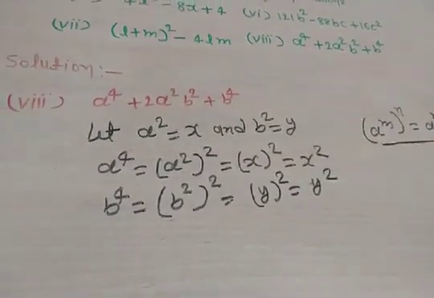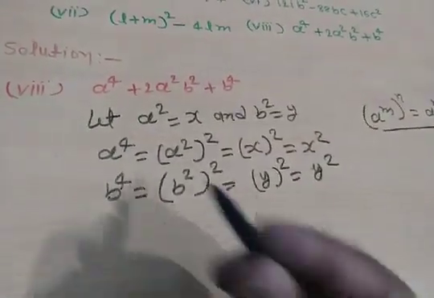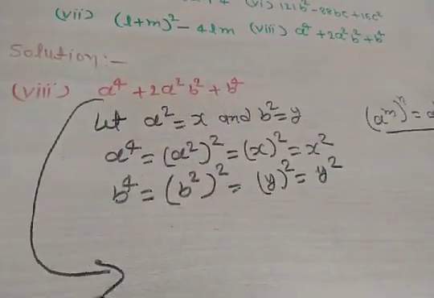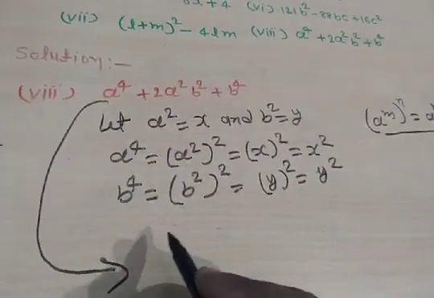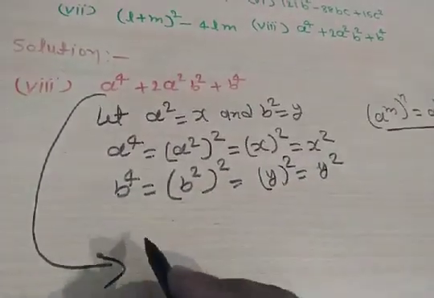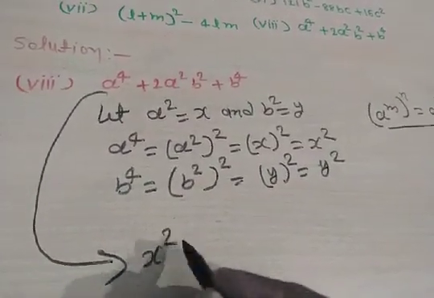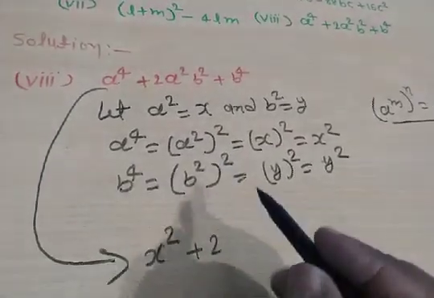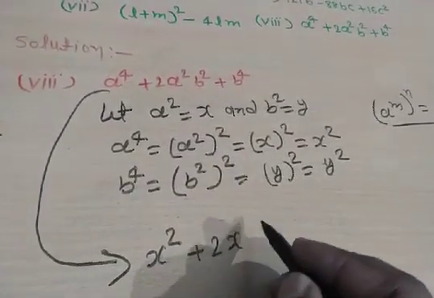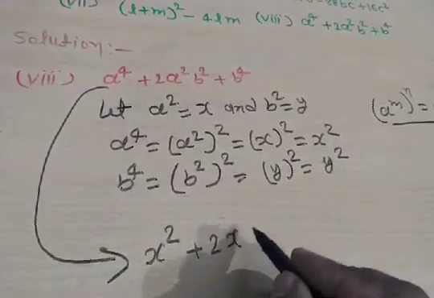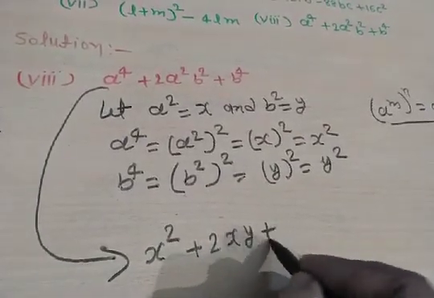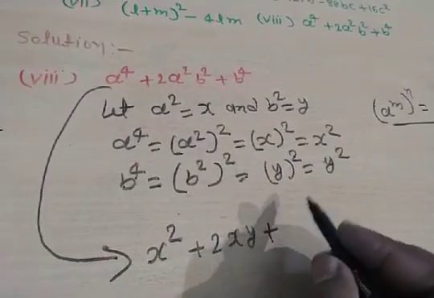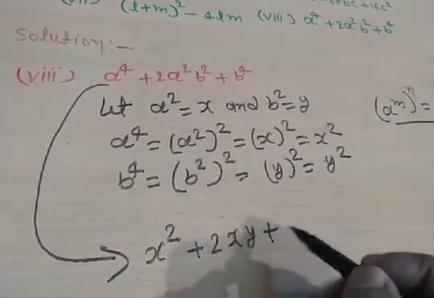Clear? Now we can write this identity like this. A power 4 is x square, plus 2, A square is x, B square is y as we let, plus B power 4, which is y square.